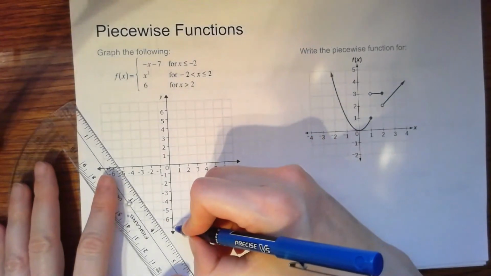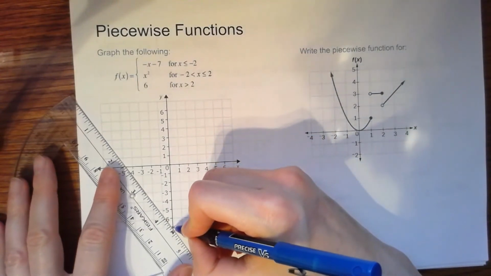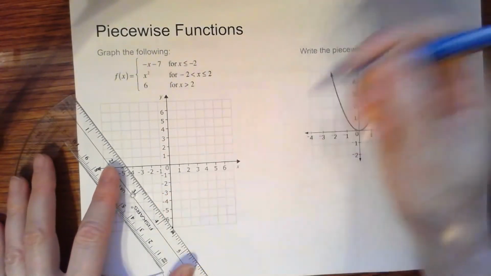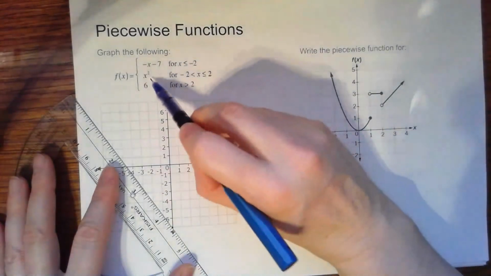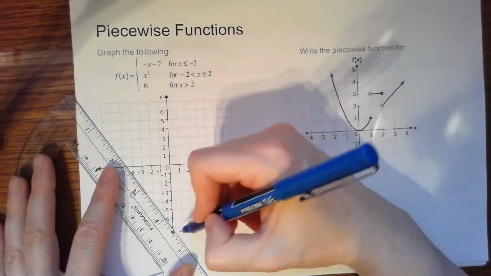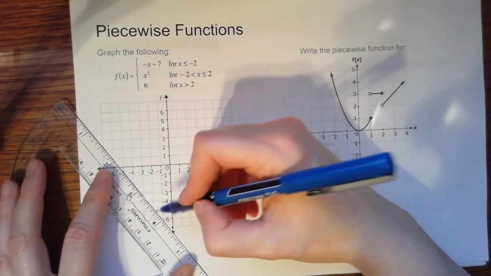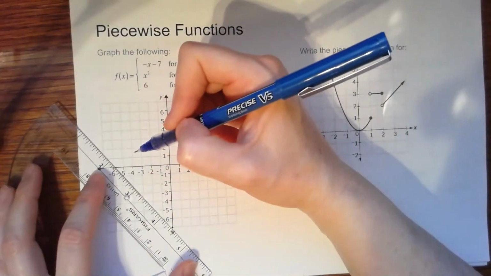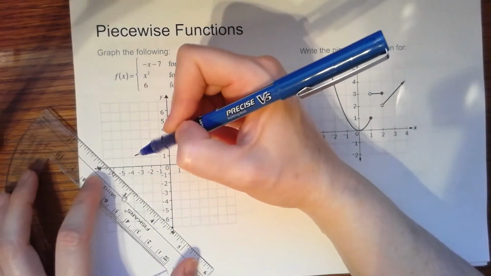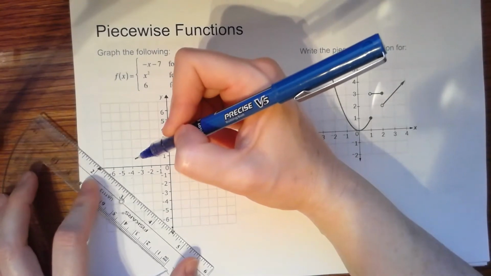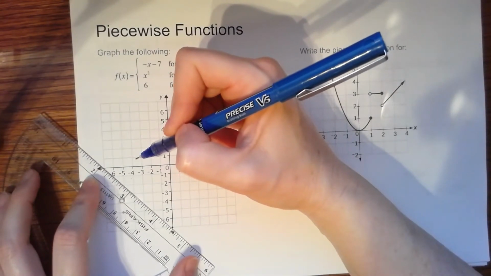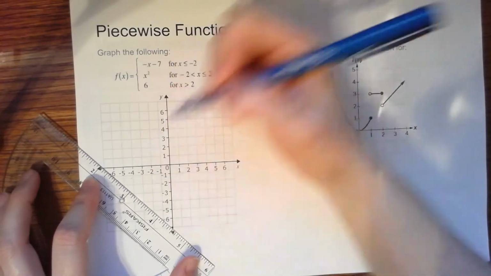And then it's got a slope of -1, so it should go down 1, 1, 1. I think it should go through like that.